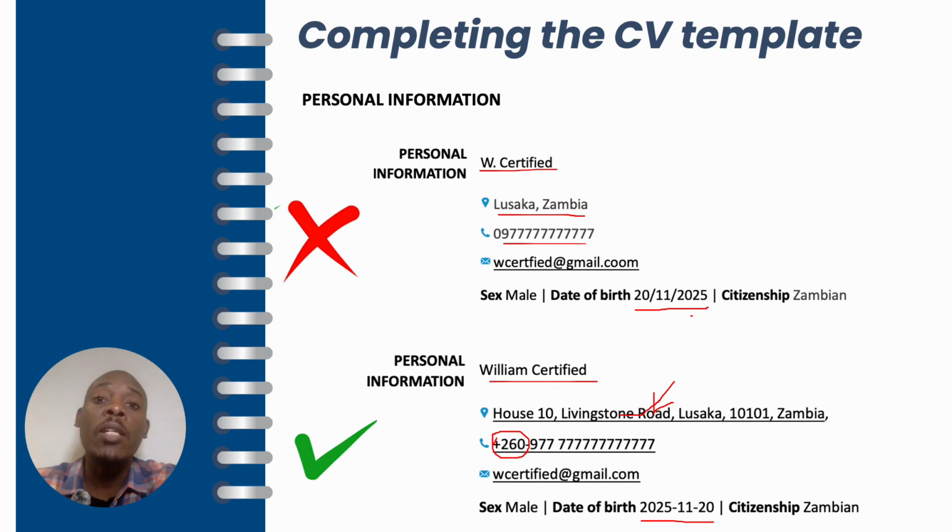So do not change to the format that you are used to, where you start with the day, the month, and the year, or any other format for your date. So please do follow the instructions that are provided in the form and ensure that you provide this section correctly as it's supposed to be provided. So this is how we will be able to complete correctly the section for your personal information.